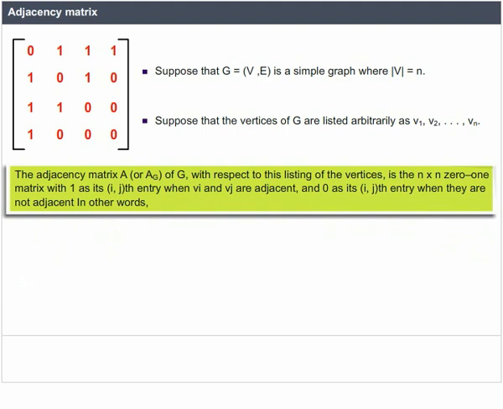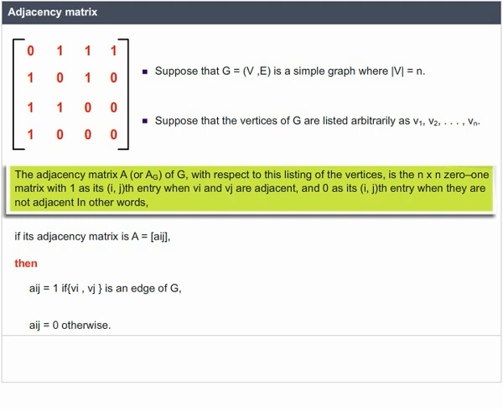In other words, if its adjacency matrix is A = [aij], then aij = 1 if {vi, vj} is an edge of G, and aij = 0 otherwise.